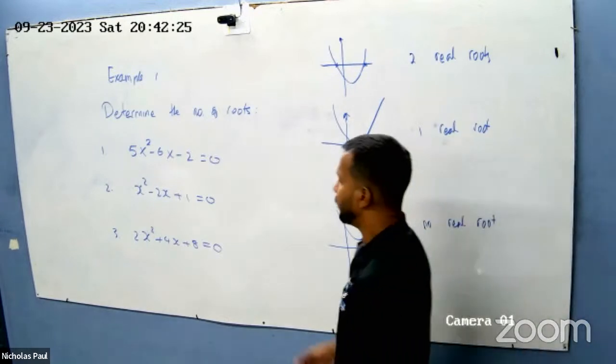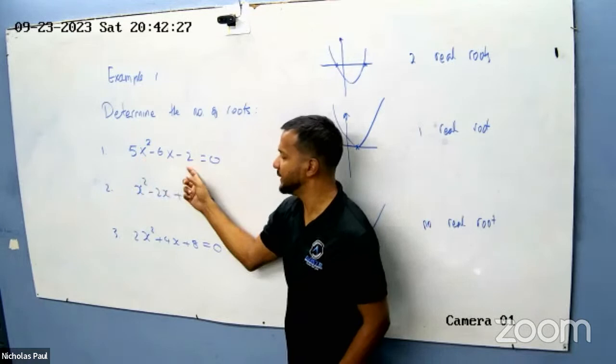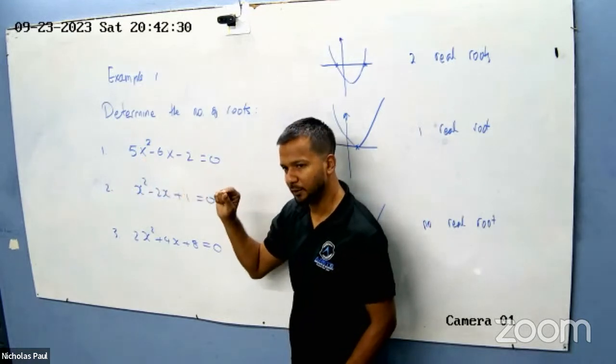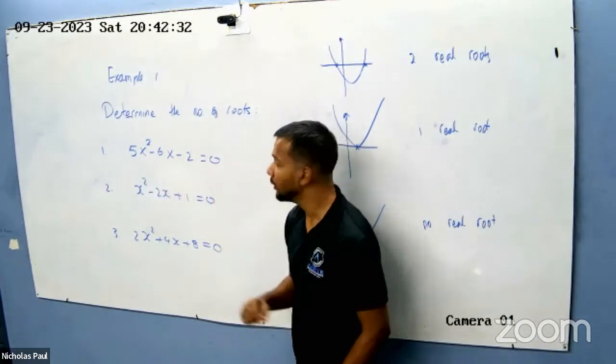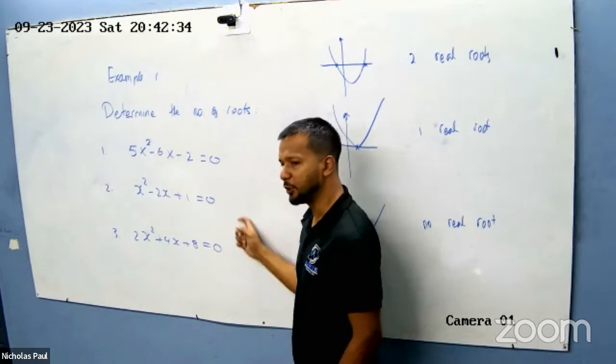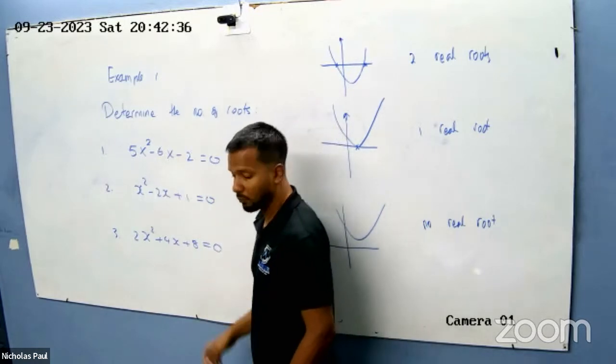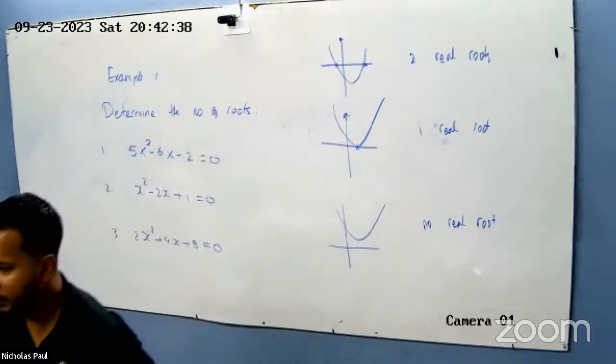So all you need to do is write out a, b, c and work out b squared minus 4ac. I want to know the number of roots for each one. What's the number of roots for each one?